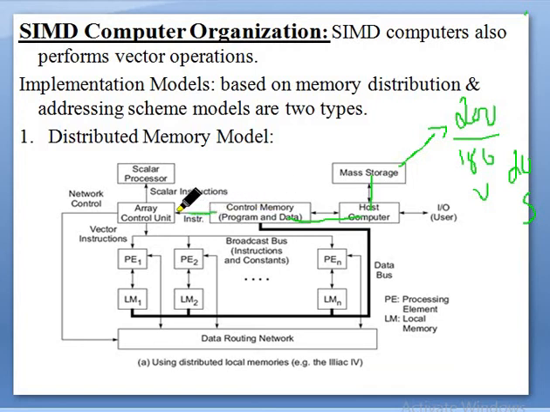Control memory will supply instructions one by one to the array control unit. The array control unit will decide whether the instruction is scalar or vector. If it is scalar, it is forwarded to the scalar processor, like a plus b, a minus b. If it is a vector, like v1 product with v2, it is vector type.